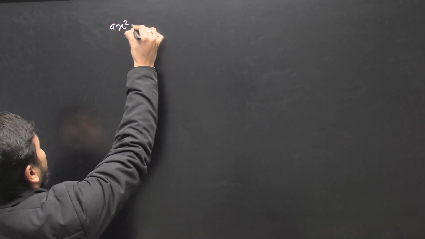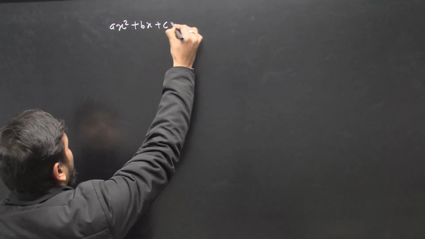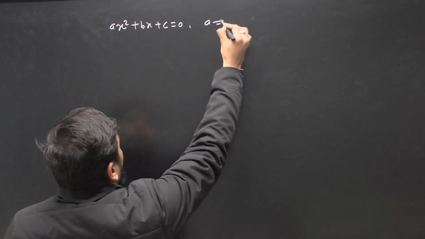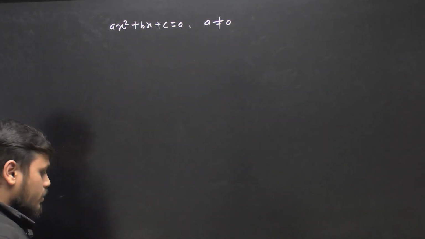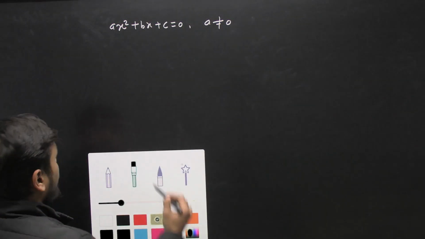See, now next we are interested in the difference of roots, right? So how do we find the difference of roots? First of all, if the quadratic is ax square plus bx plus c equal to 0 in standard form where a is not 0, its roots are alpha comma beta.